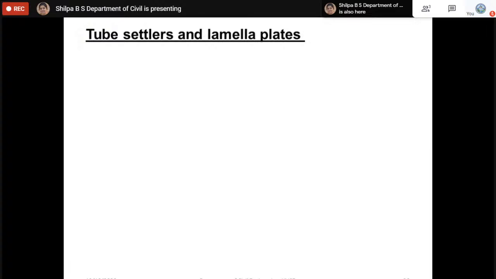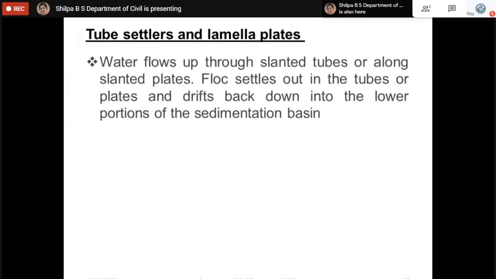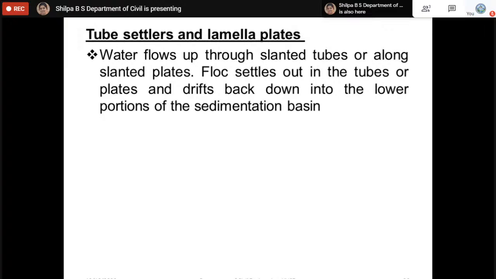Next is the tube settler and the laminar plates. Usually in sedimentation tanks, there is a somewhat advanced technique being followed nowadays to increase the rate of settling of the particles. The water flows up through slanted tubes, which are usually placed in an inclined fashion.